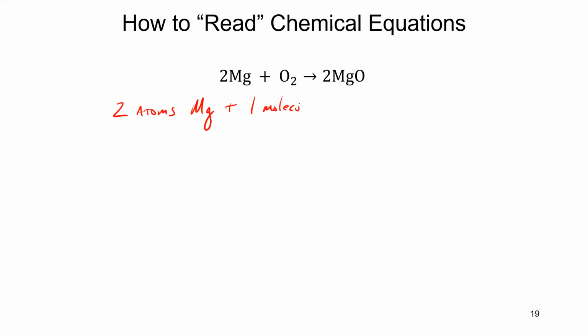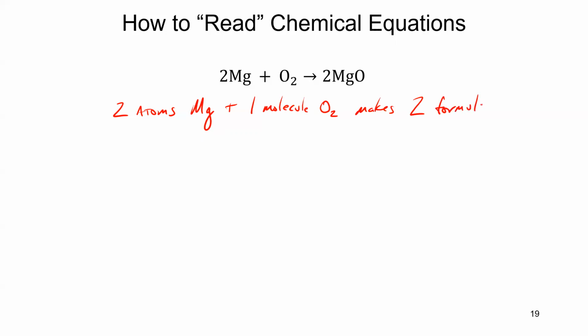So one molecule of oxygen makes two... Does anybody remember what we called ionic compounds? We had a special word for them. We don't use it often. We call them formula units.